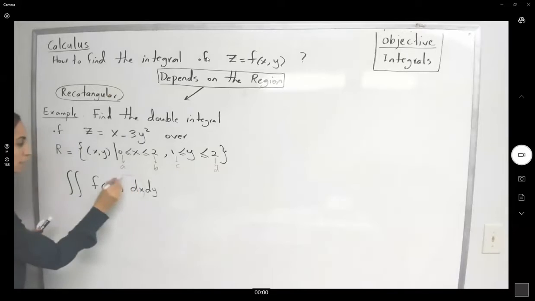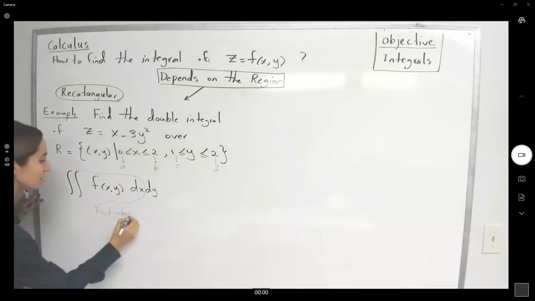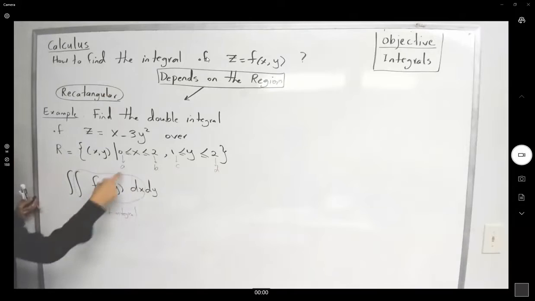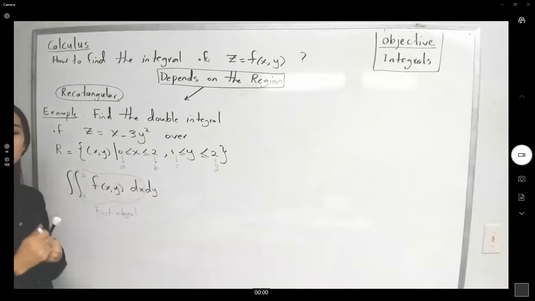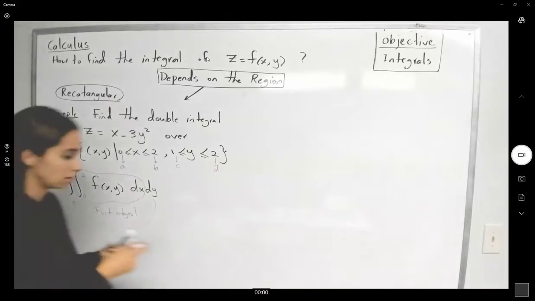So this is my inner integral, the first integral, where x is ranging between a and b, 0 and 2. Then you take the integral with respect to y. Outer integral, dy, y is ranging between 1 and 2. There you go.